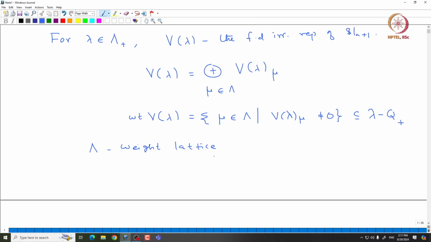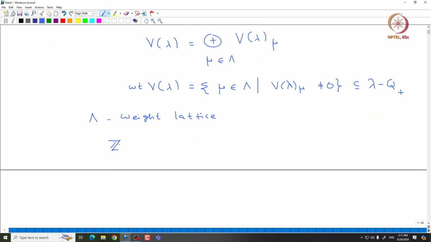Now, one can take this group ring generated by this lambda over Z. This is the span of all these e power lambdas, where lambda comes from capital lambda.